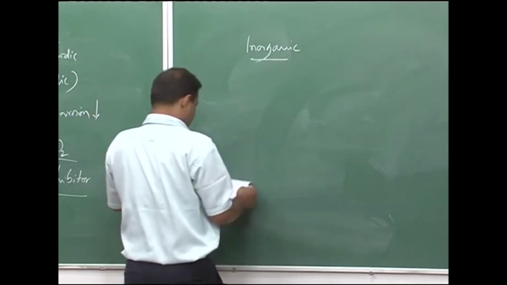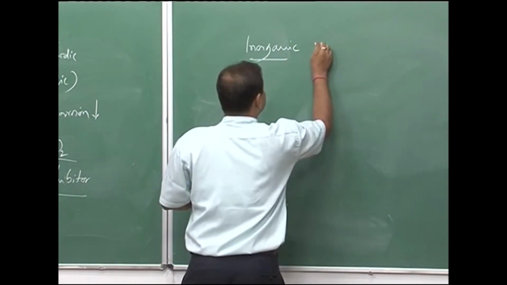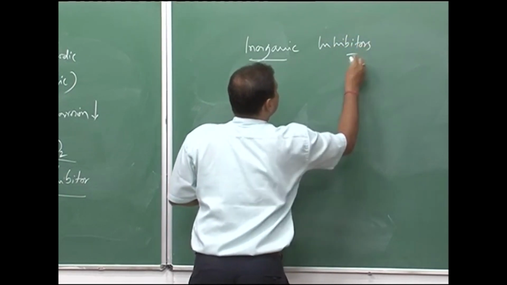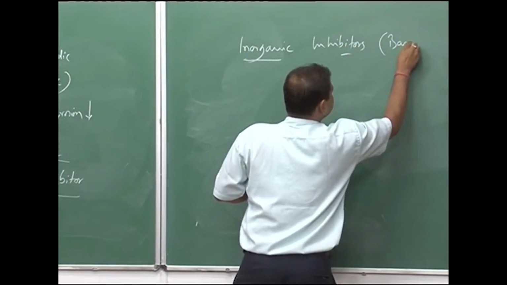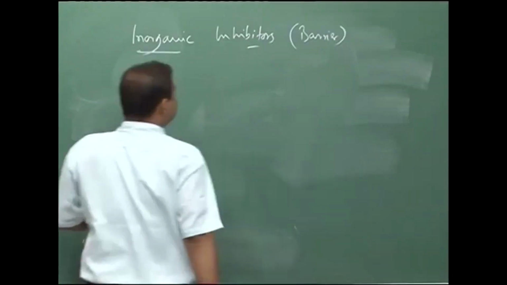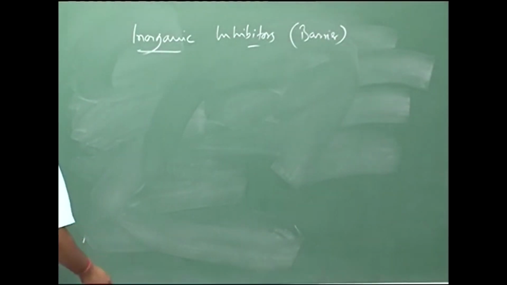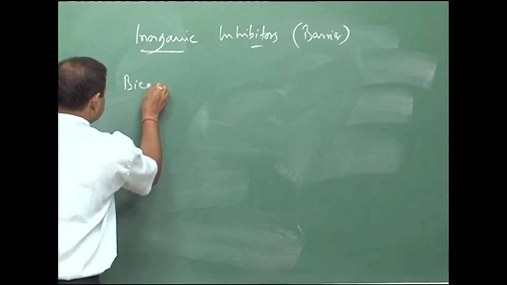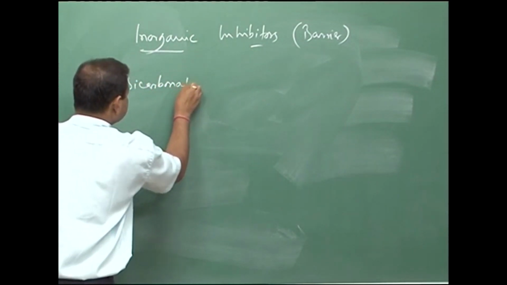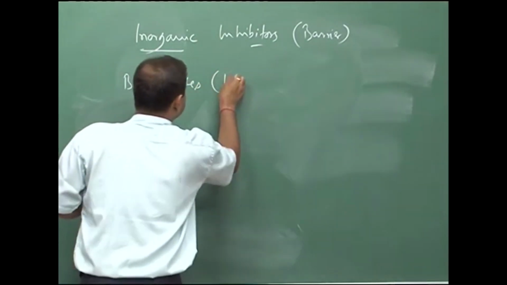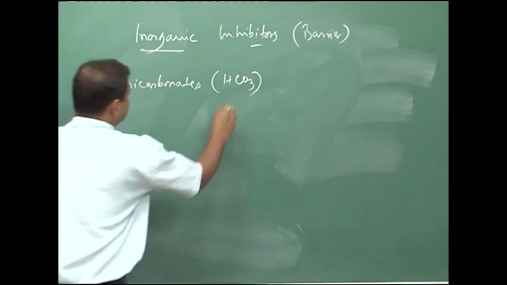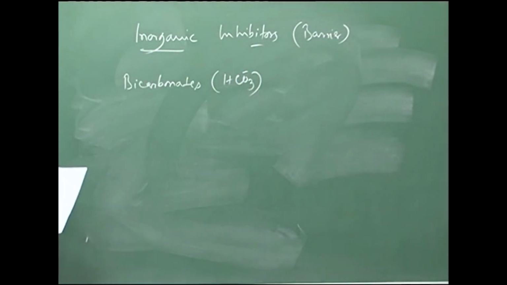Or it can be inorganic type inhibitors, which are basically barrier type, and here we have the example of bicarbonates or biphosphate.